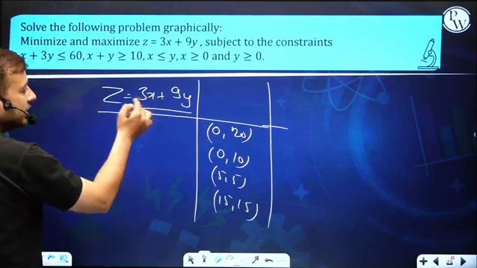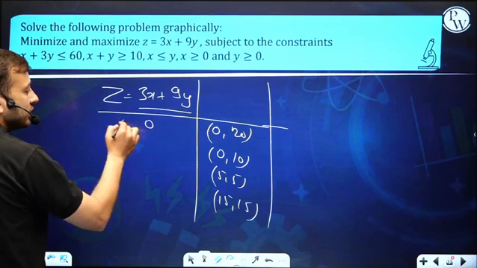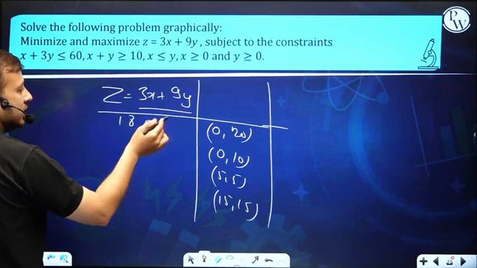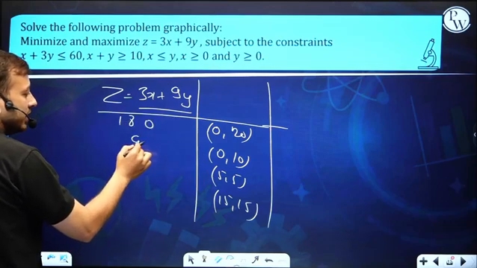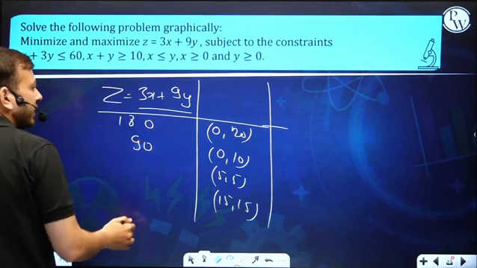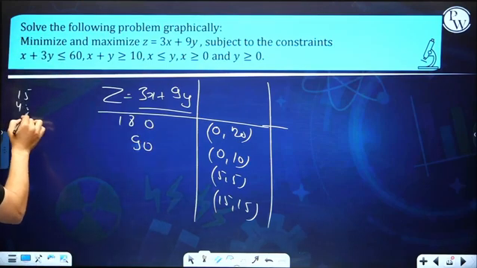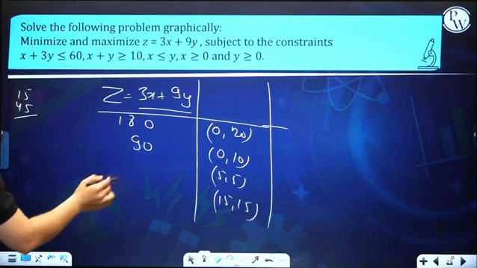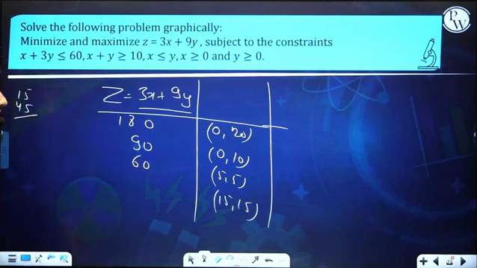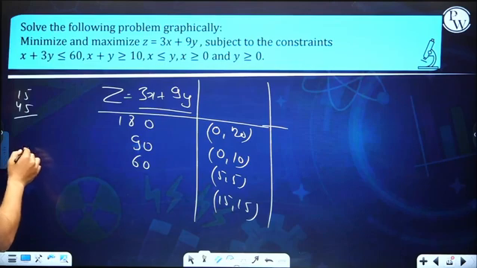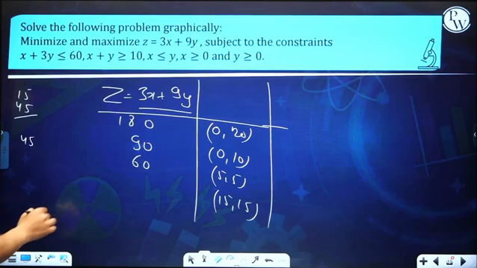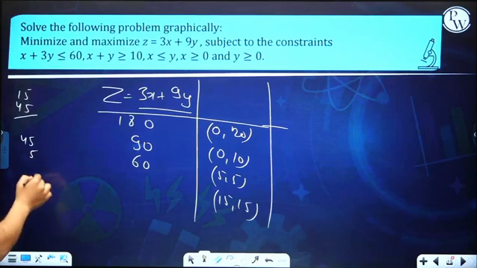Like 0, 20, sir: 9 zeros are 0, 9 twos are 180. 0 and 10, so it will be 90. Now 5 and 5, sir: 3 fives are 15, 9 fives are 45, so 60. And 15 and 15: 3 into 15 is 45, and 9 into 15 is 135.